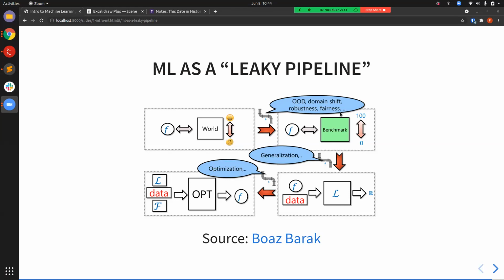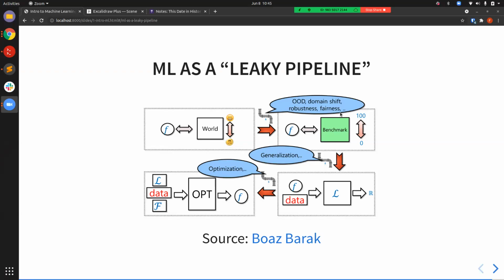What's leaky pipeline number two? Well, I can't necessarily optimize even directly on the benchmark task. I'm not able to train my machine learning algorithm to necessarily be as good as possible on the overall benchmark task. All I can really do is train it to minimize a loss function on a part of the data that I use to train it. So here the leaky pipeline is generalization.